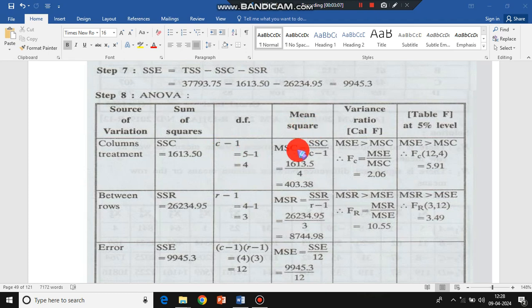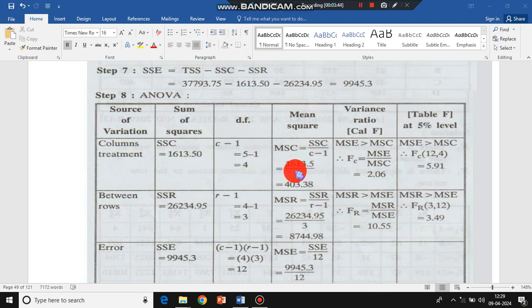Now the mean square column wise calculation is very easy. You are dividing this SSC by the degrees of freedom, C minus 1. That is the formula for mean square column wise. So SSC we have already, 1613.50, and C minus 1 is 4.